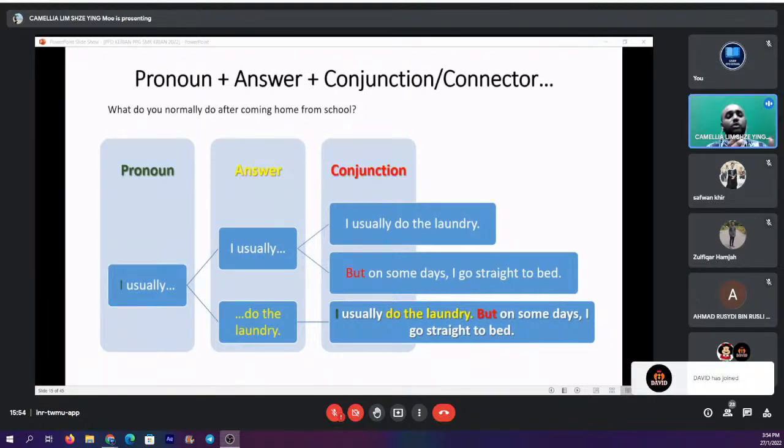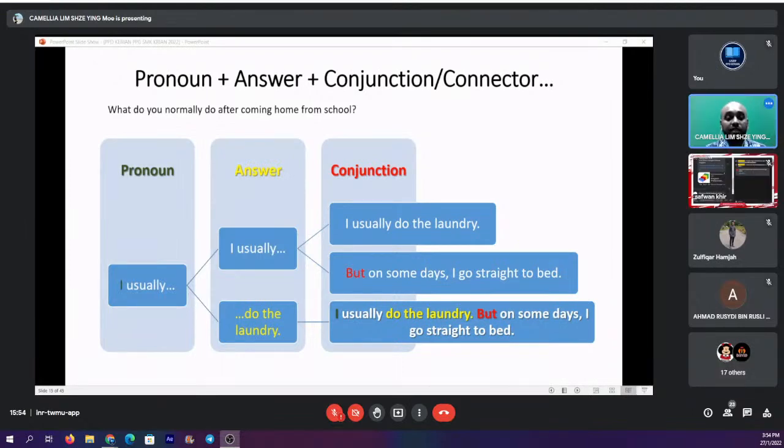Okay, so the really lower level students, you don't have to teach them that if it's really tough. Okay, but then they need to add the A or answer, which in this case is do the laundry. Then they can include the C or conjunction here. Here we've used but to show a difference between what is usually done and what is the norm on certain days.